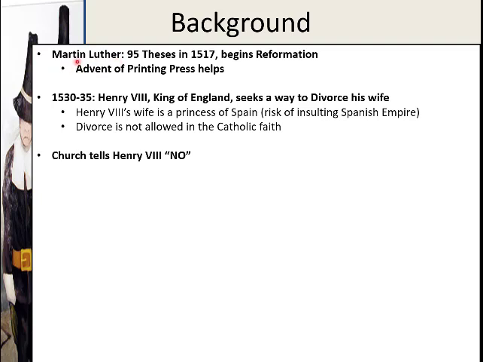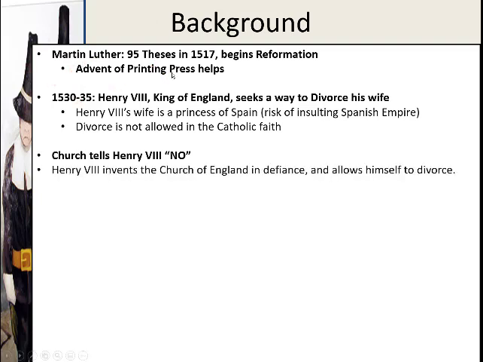Martin Luther said so, and also on top of that, I think that I need to divorce my wife because she's not bearing me a son. Breach of contract. Therefore, Henry VIII is going to use the Reformation already in process as an excuse to invent his own church. And so the Church of England is going to come into being, or we would call it today the Anglican Church. In America, it would be known as the Episcopalian Church.